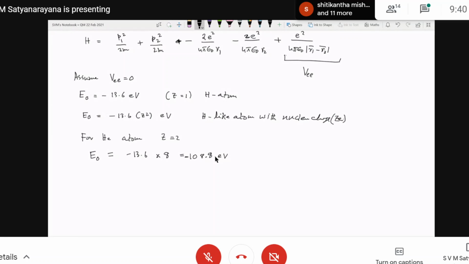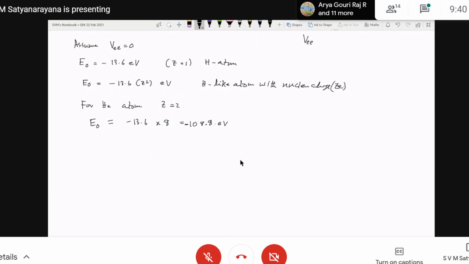This is what I would have estimated as the ground state energy if I assume that the electron-electron interaction is negligible. But from ionization experiments, the experimental ground state energy is well known, that is equal to minus 74.778, something like that. So this is the experimental value, and this is quite different from this.